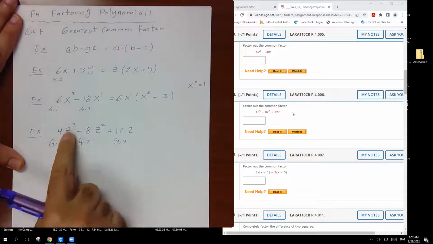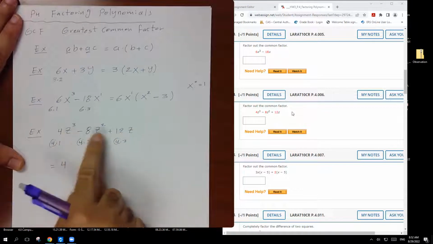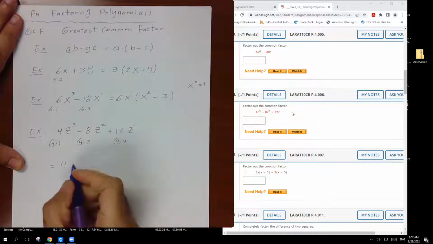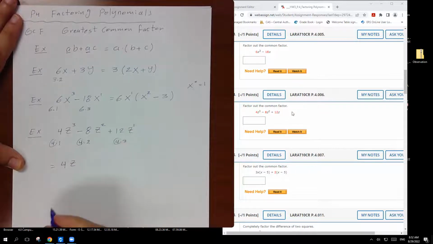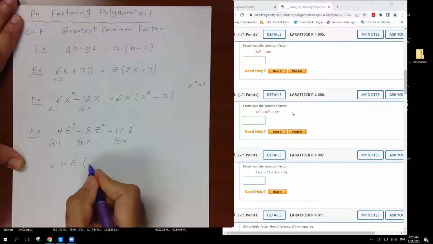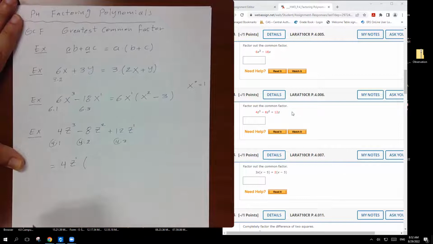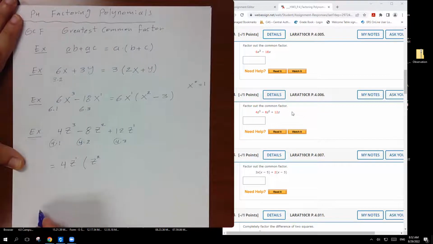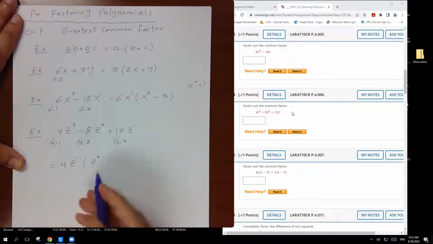Do I have a common with variables? Yes, I'm going to take the variable with the smallest exponent, 3, 2, 1. That means the common is z to the exponent 1. Divide the numbers. 4 divided by 4 is going to be 1. You have to write down the 1. 3 minus 1 is going to be 2, so it's going to be z squared. Negative 8 divided by 4 is going to be negative 2.